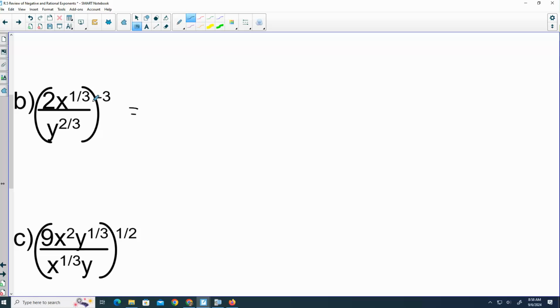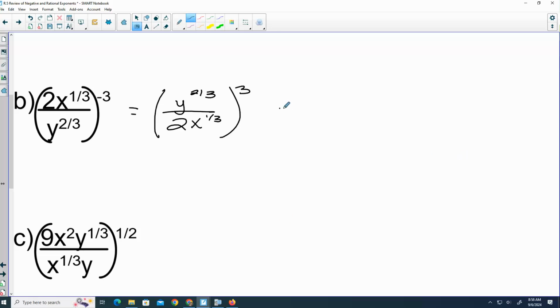So we have two options. We can either start distributing the -3 through, or we could realize if I don't want everything to have a negative exponent, I can just flip my entire fraction. And once I do this, it's now a +3 out here. So that just saves us some work later on.